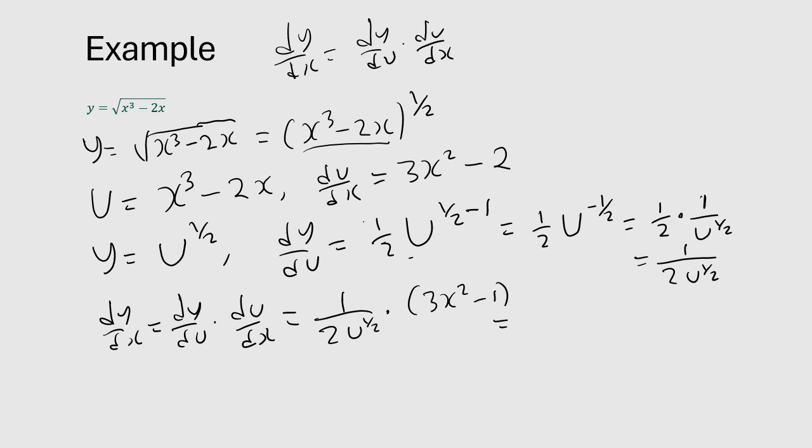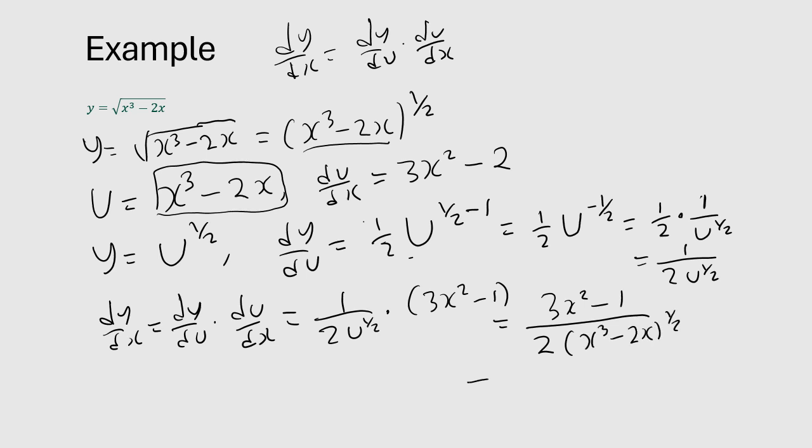And this I can just write as 3x squared minus 1 over 2. Our u, if we substitute it back, is x cubed minus 2x, so x cubed minus 2x power half.